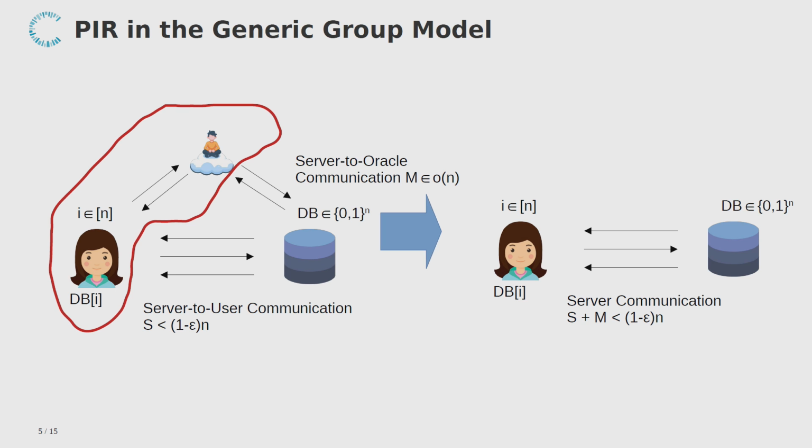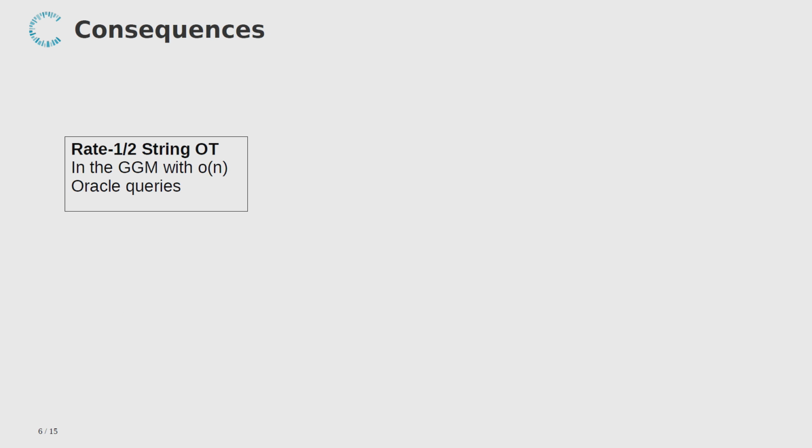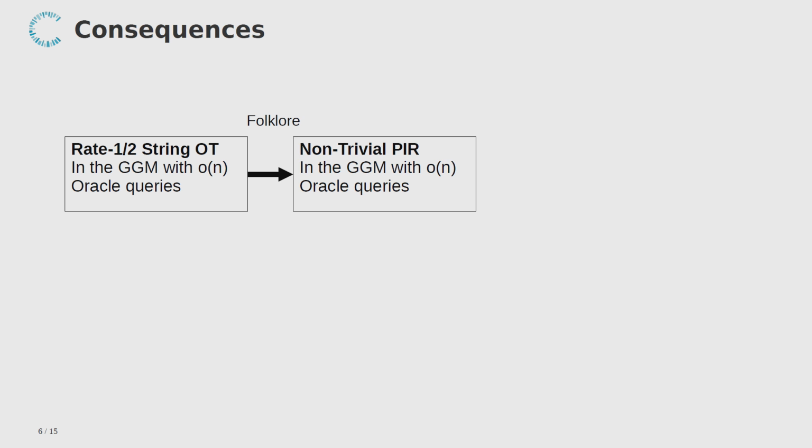And now let's interpret the results. We start off with an oblivious transfer protocol that's communication efficient and does slightly less than n generic group model operations. We turn it, via the stuff that I mentioned earlier, into a non-trivial private information retrieval.